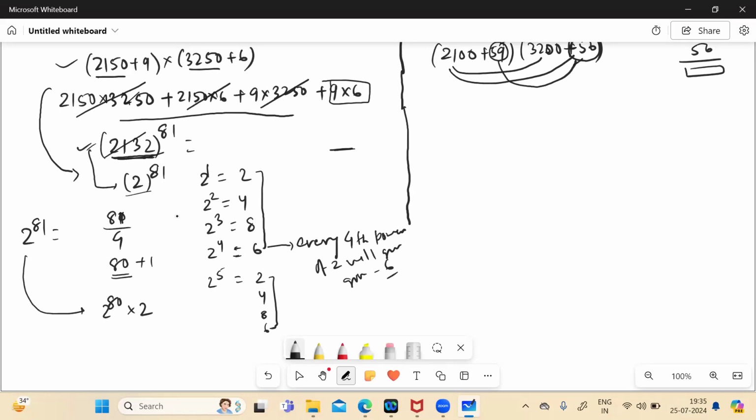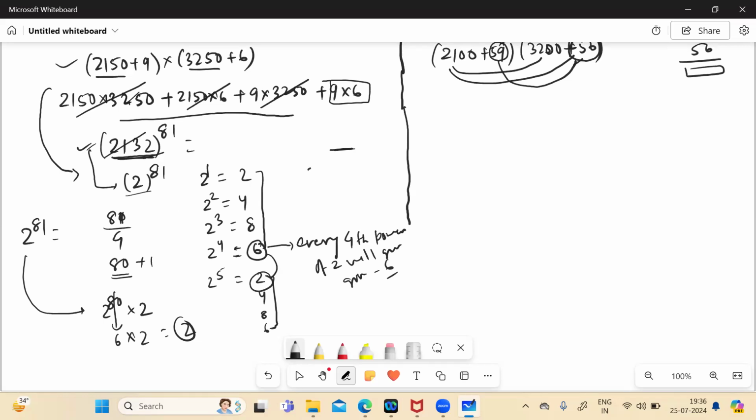This 80th power is a multiple of 4, so it will give you 6 and the next power will be 2. So the 81st power is 80 plus 1: the 80th power has 6 and the next power has 2.